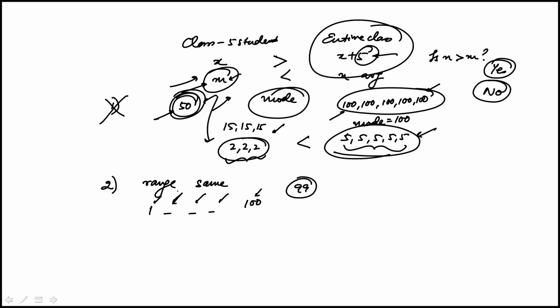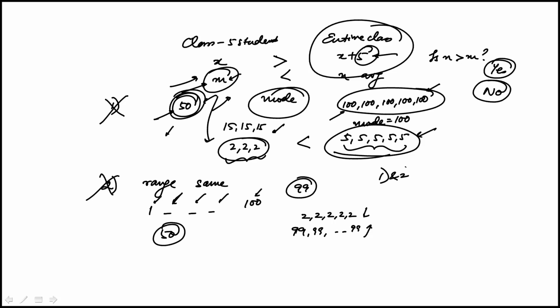So then I have to come up with similar examples to argue that the mean can go either way. Again, let's assume the original mean was 50. If all 5 of these students scored 2, then the average would go down. But if they all scored, let's say, 99, then the average would go up.